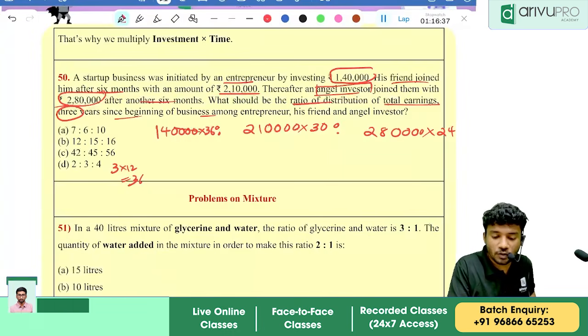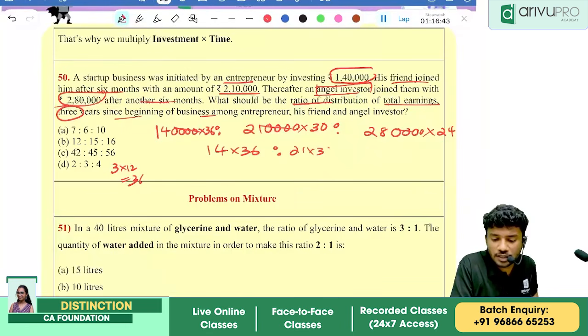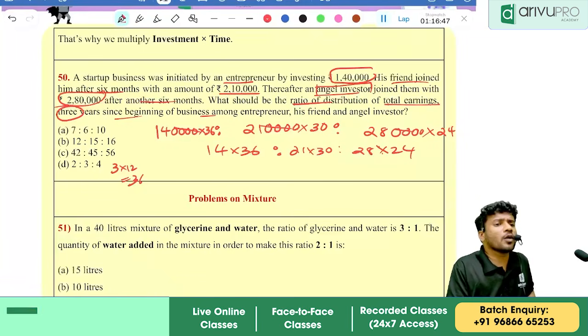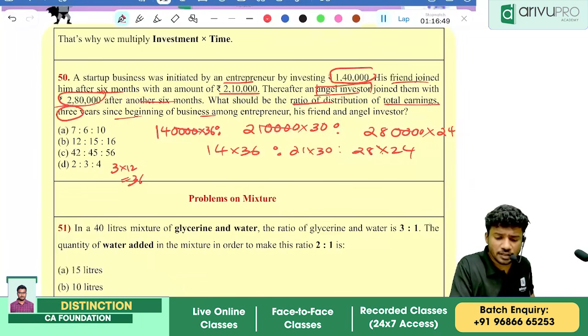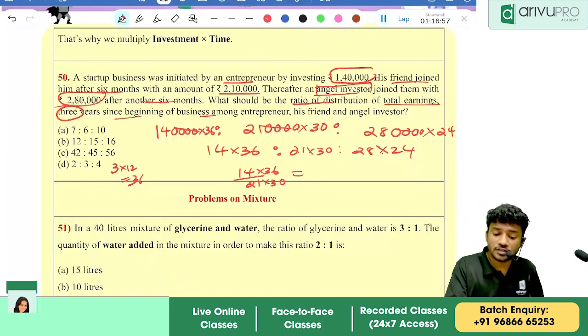Please get me the answer. Cancel all the zeros everywhere. So it is 14 into 36 is to 21 into 30 is to 28 into 24. Now the easiest way is using calculator. 14 into 36 divided by 21 into 30. How much is the value? Take it in calculator: 0.8.